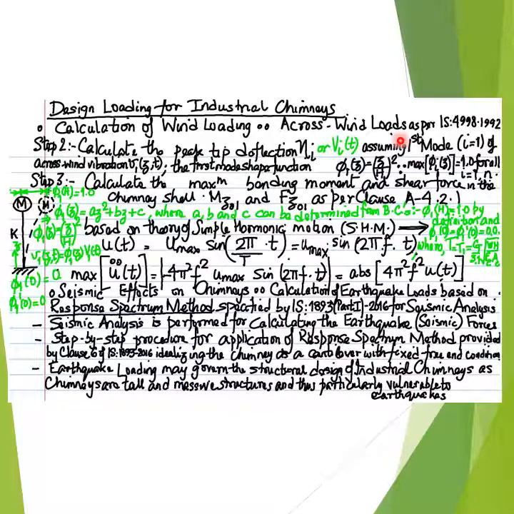the mode shape function corresponding to the first mode of free vibration response of the chimney shell is therefore a parabolic function based on the deflection profile of a cantilever or a beam with free fixed end conditions.